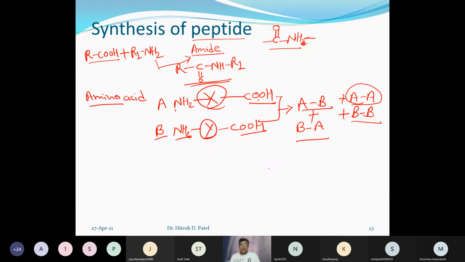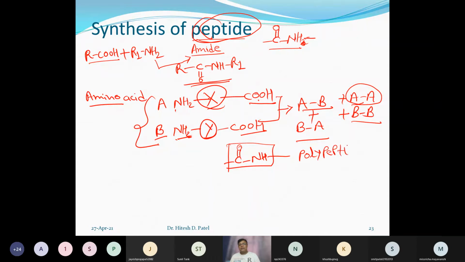But in that also the bond is this, that is called CONH only. So CONH bond formation will take place, but the raw materials are amino acids, and that's why it is known as a peptide bond. And then the repetition of peptide bonds is known as a polypeptide, and you are very much familiar with the word polypeptide.